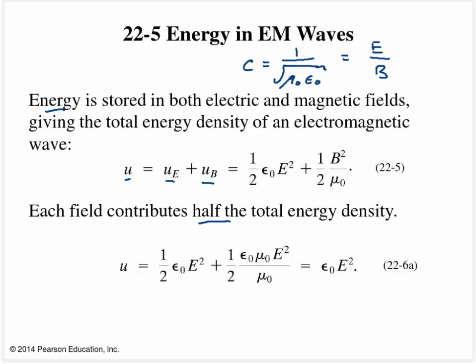So we can write it like this. Then we can use this relationship right here to write this just in the language of the electric field. So I can calculate my magnetic field in terms of the electric field, stuff that in right here, and say that the total energy density is going to be the permittivity of free space multiplied by the electric field squared.